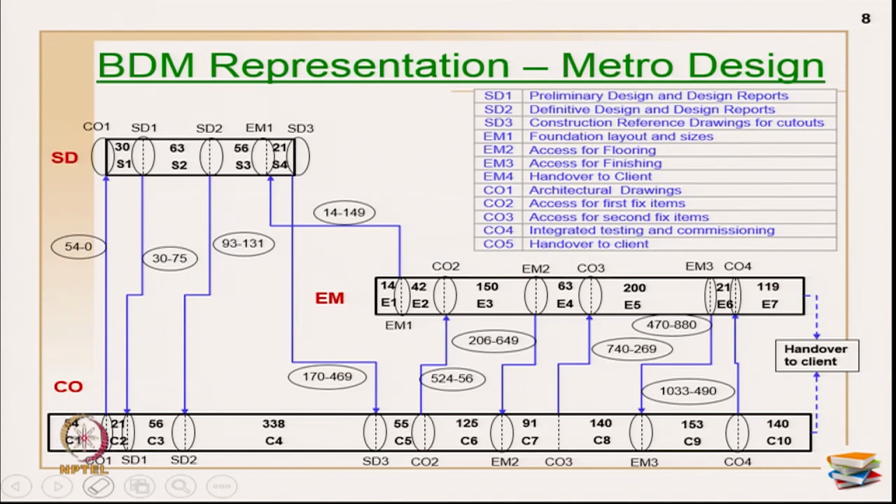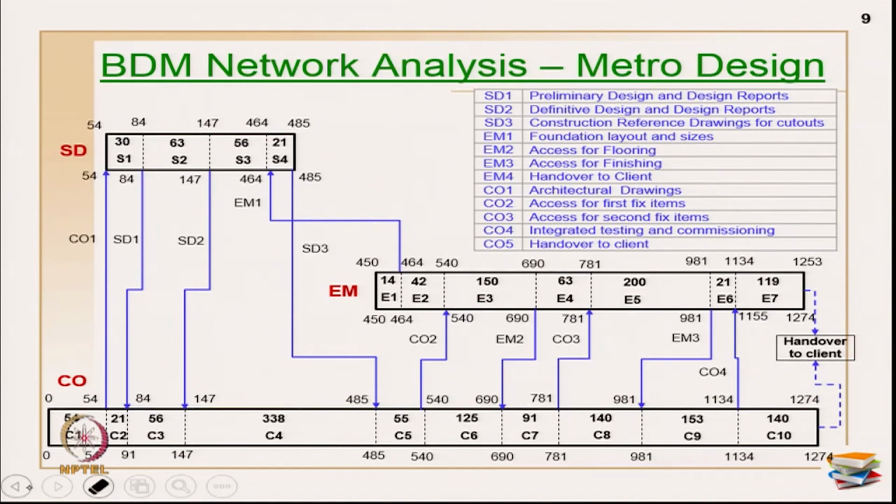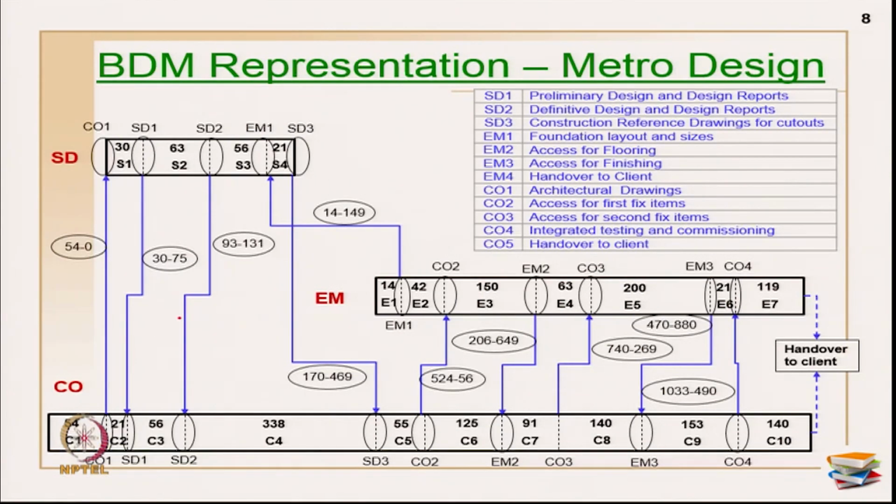This is the same example I have shown, and I have used it here so that it is easy for you to follow. I am using only symbols for representing, because of the too much text that would be written on the slide.